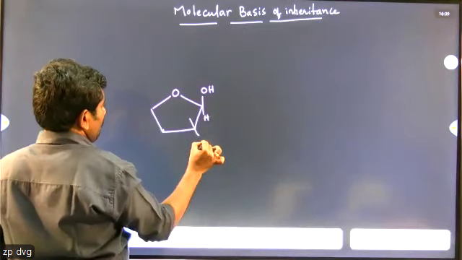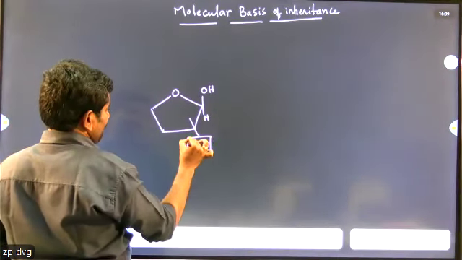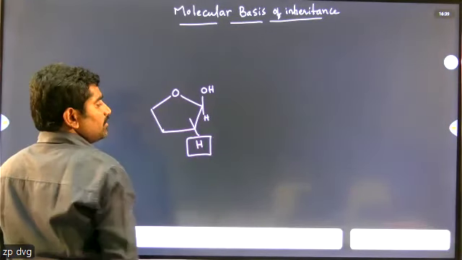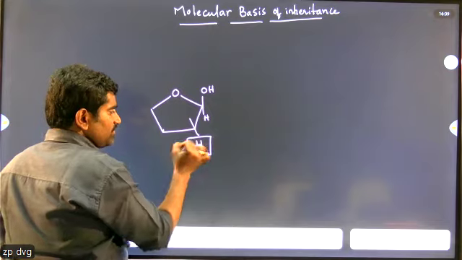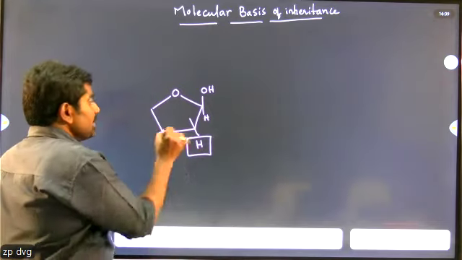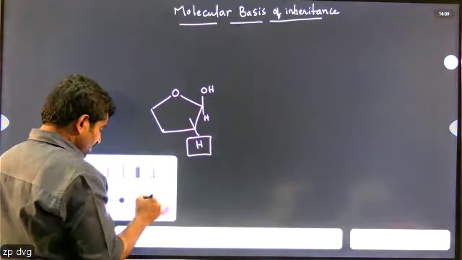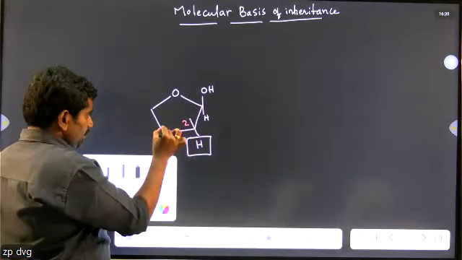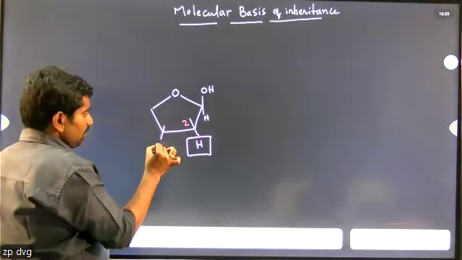I told you already, based on that, if hydrogen is there we have to say DNA, and if OH is there we have to say RNA. So this is the second position. This second position is very, very important. So here this is the OH group.